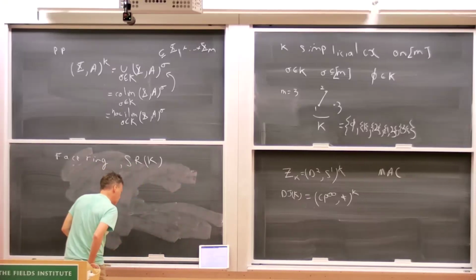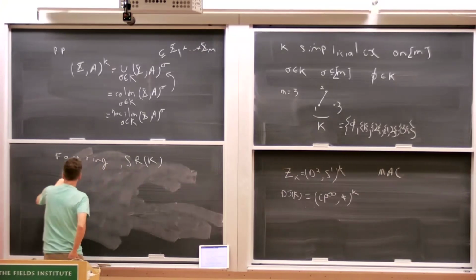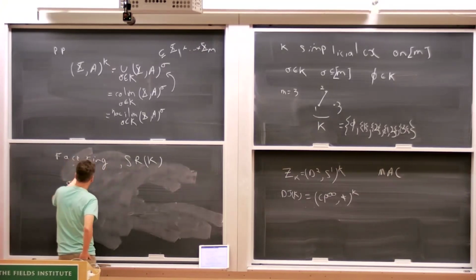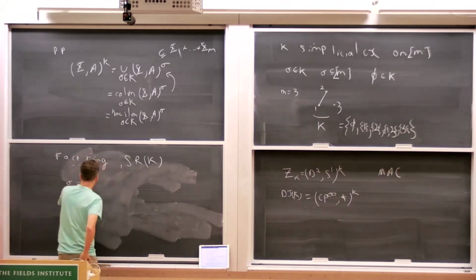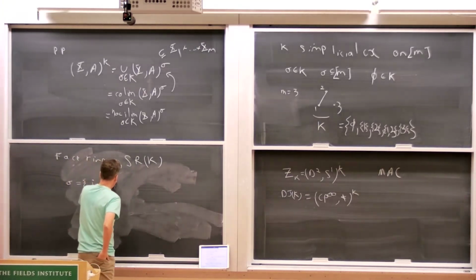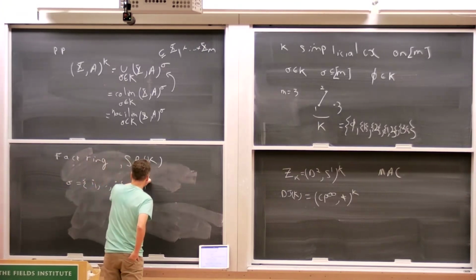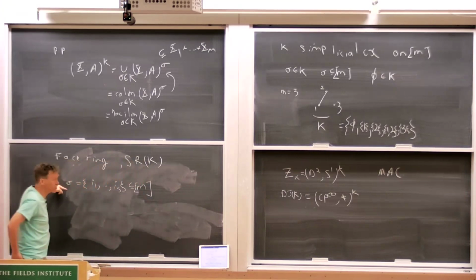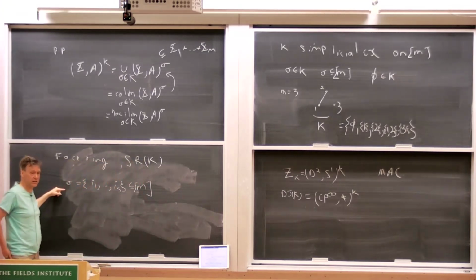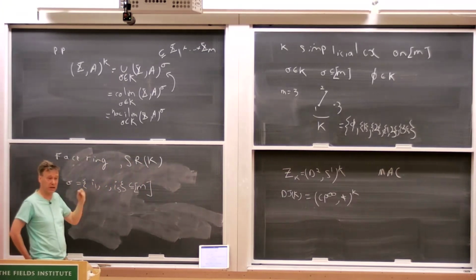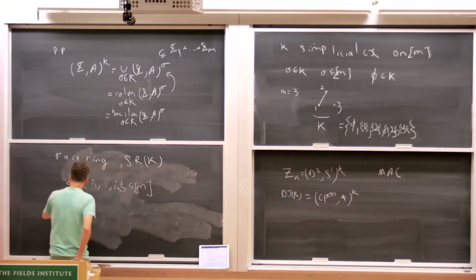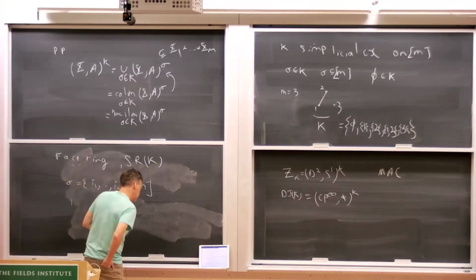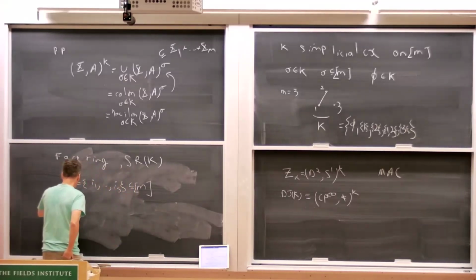Again, K is a simplicial complex, and let's say sigma is a subset of M, but I'm going to write out all the elements that are in it. So you have some sequence of elements, and that would be a subset of M. This is potentially a simplex in K. It may or may not be a simplex in K. But what is I_K?